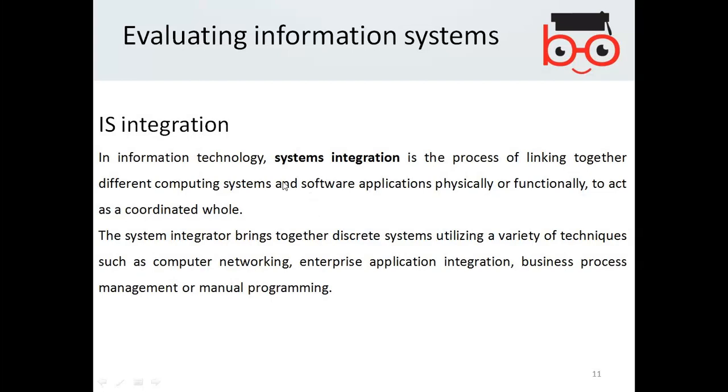So, if the integration is done very well, linking together the different computing components of an information system, including software applications, whether they are physically or functionally interconnected, and they can be coordinated as a whole, then you can produce a better system.